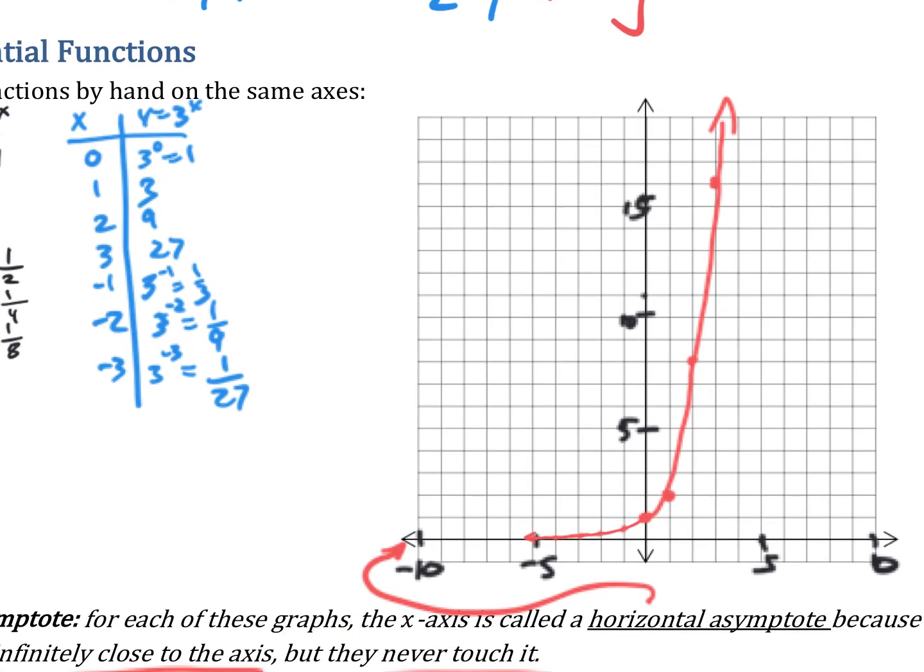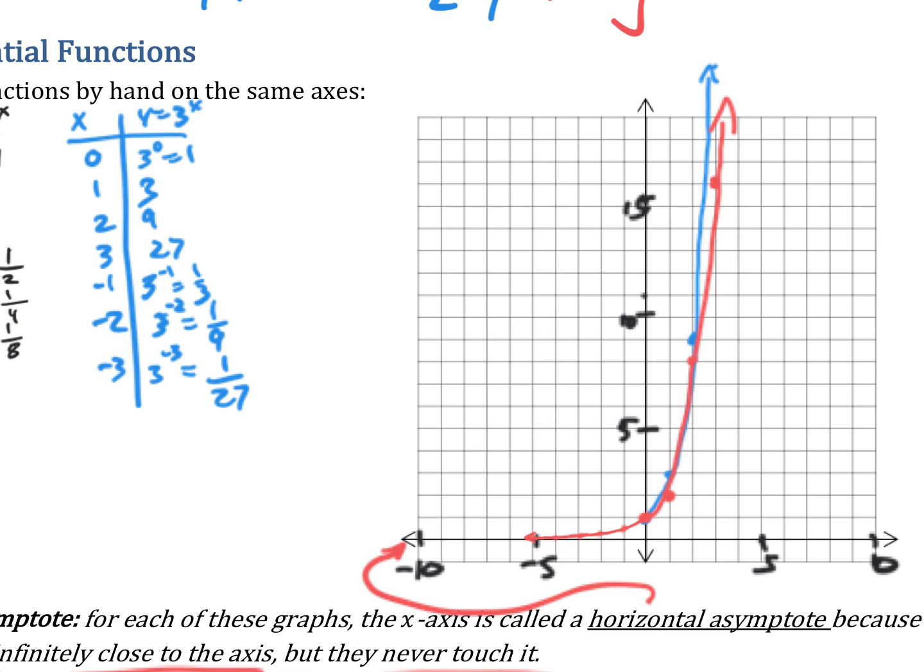All right, so let's graph those. In blue here, we've got 0, 1, again, the same point. But when x is 1, y is 3. When x is 2, y is 9. When x is 3, y is 27, somewhere way up there. So it's increasing very quickly, even more quickly than 2 to the x.